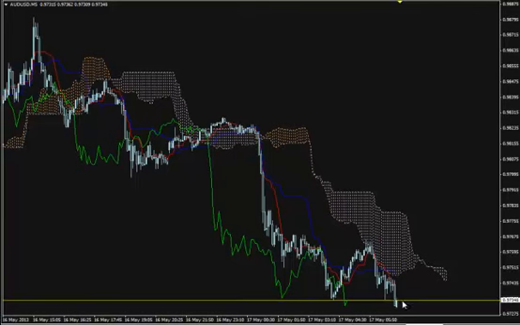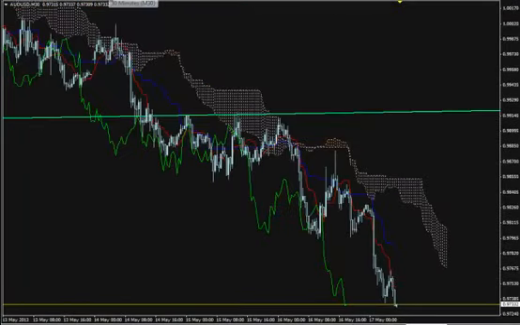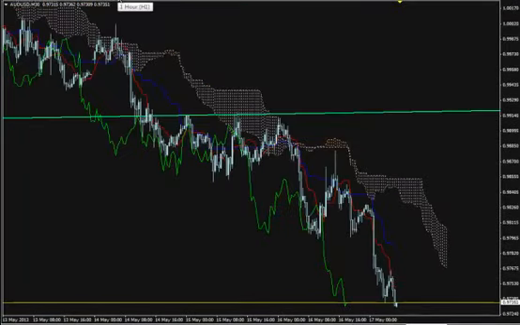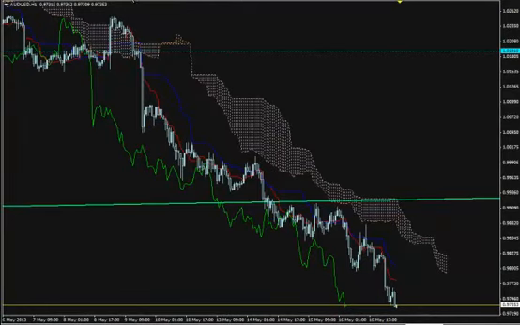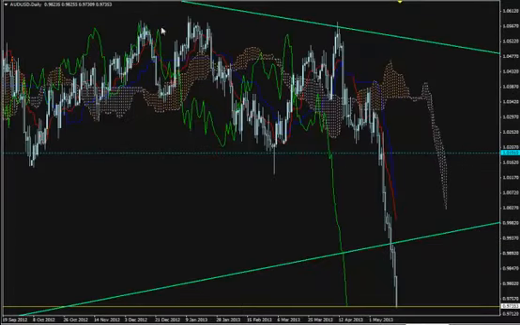So we will wait for price to go a bit higher in order to enter short, and at the same time we will make sure that M15 is 100% bearish, M30 is 100% bearish, H1 is 100% bearish, H4 is 100% bearish, and the daily chart is 100% bearish.